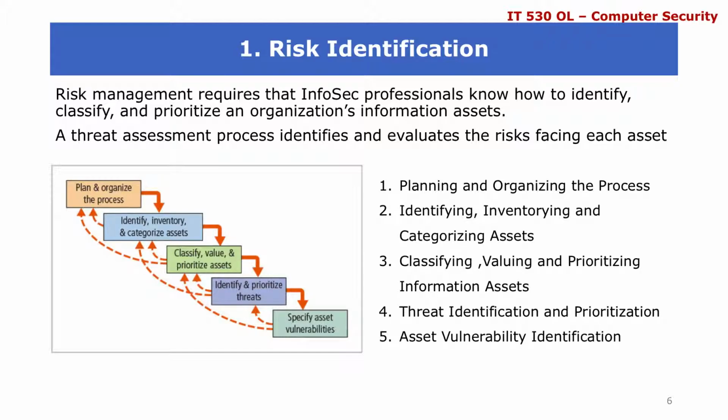Next, we have the threat identification and prioritization. That is, after focusing more on the assets, there's also a need to focus on the threat itself. Realistic threats need investigation. Unimportant threats are usually just set aside.